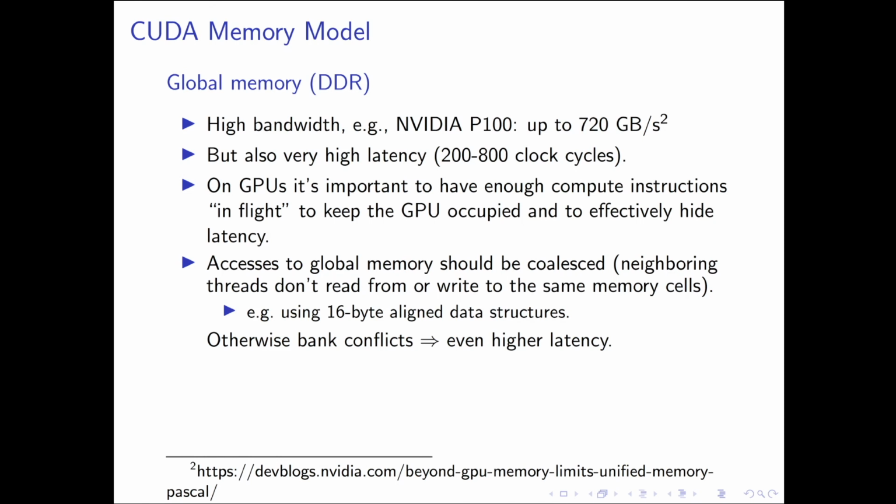All that is designed around very high memory access latencies. That also means that we have to design our programs in a way that there is enough compute and enough work to do whenever we perform those high latency memory accesses.